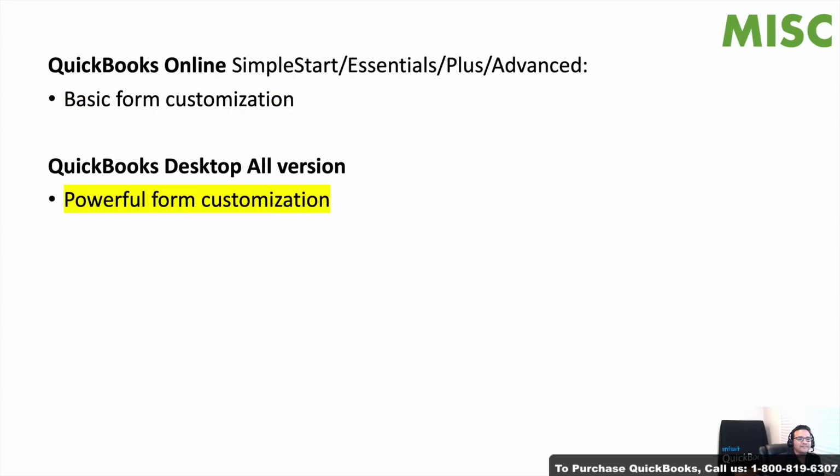Now, here's a miscellaneous piece I wanted to add. For a lot of people it's not a big deal, but for me it is: in the QuickBooks Desktop world, you can customize forms a lot. You can make your invoices and purchase orders look very specific.